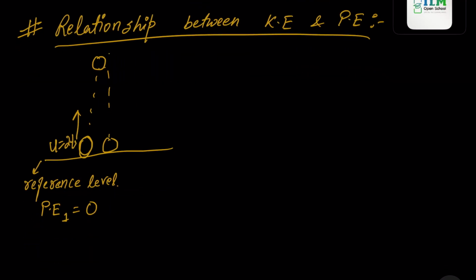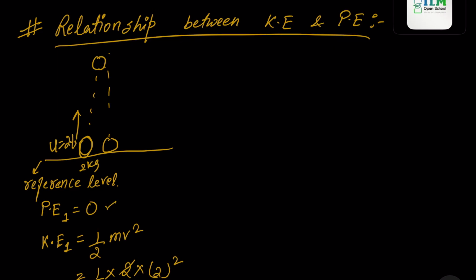And if I have to find the kinetic energy here, kinetic energy is half mv square. Let's say mass is 2 kg and velocity is also 2, then 2 square is 4, means 4 joule. So its potential energy here is 0, its kinetic energy is 4 joule.